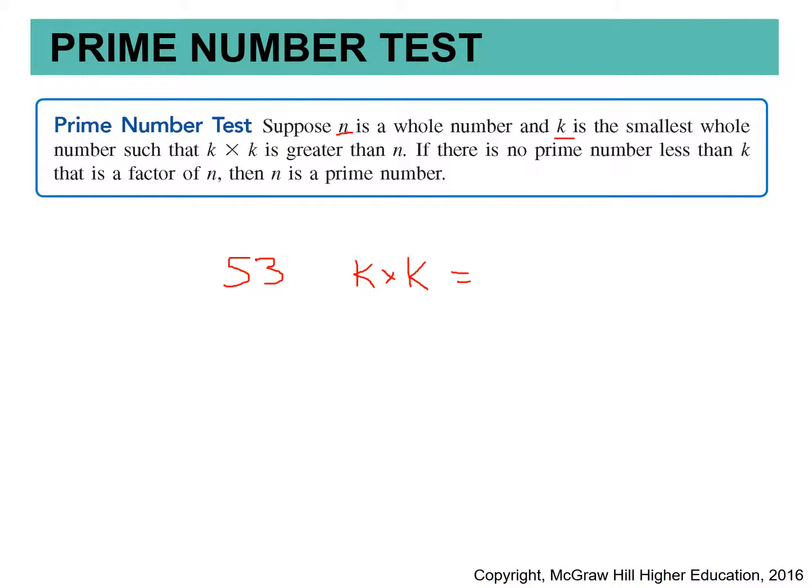Well, we just saw 8 times 8 is 64. So what it says is that I do not have to test prime numbers bigger than 8. And if none of those numbers that are less than 8 go into 53, then 53 itself is prime.